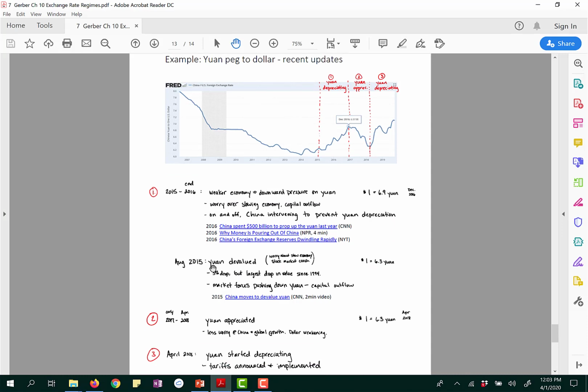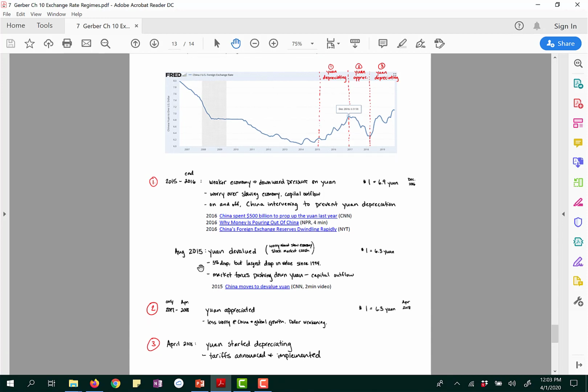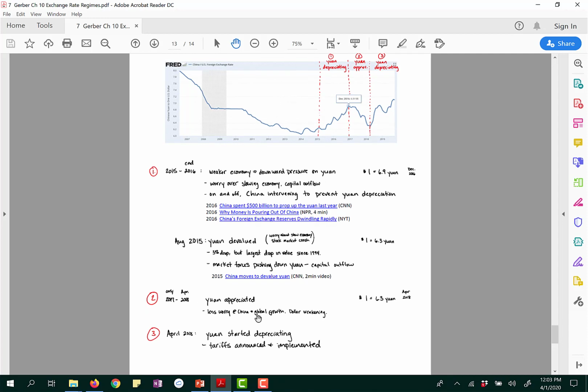All right, so that was the story of the devaluation that happened in 2015. Shortly after, things turned around to some degree for the Chinese economy, and the worries about slower future economic growth waned. I'm not sure exactly the underlying cause behind that.